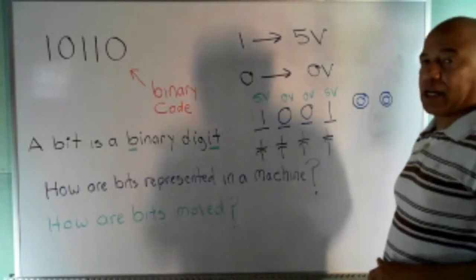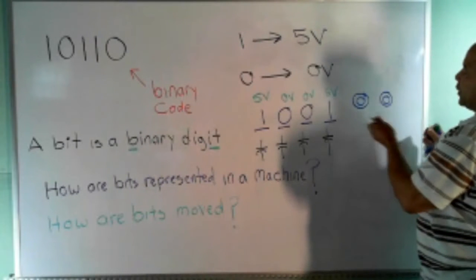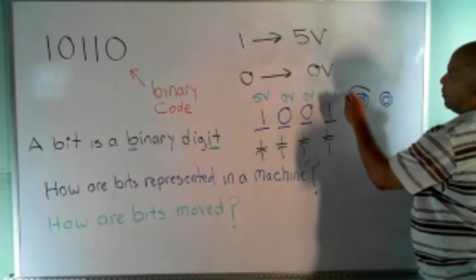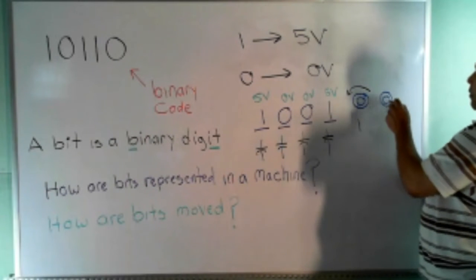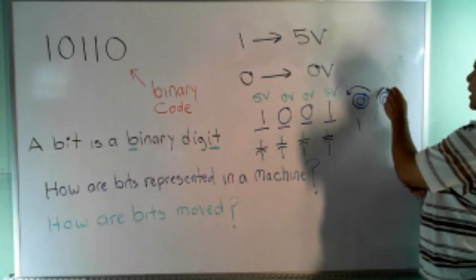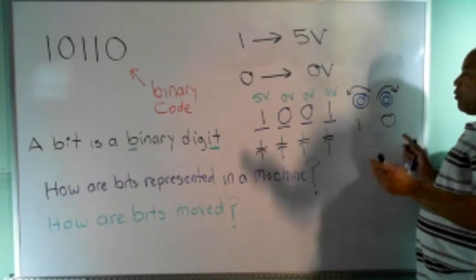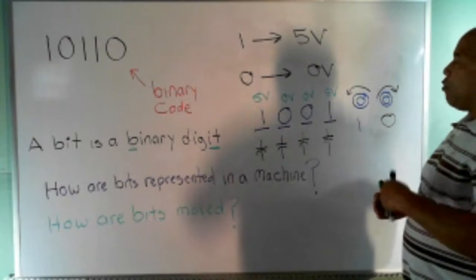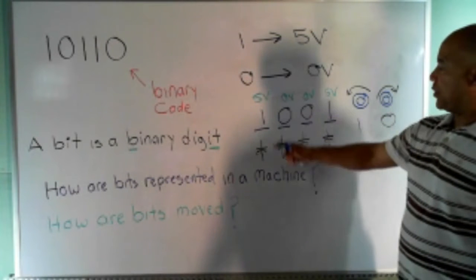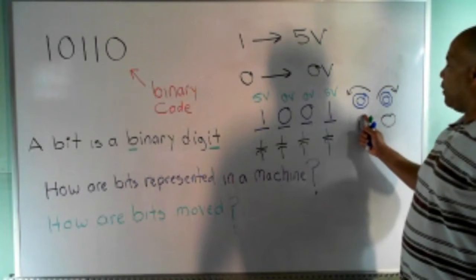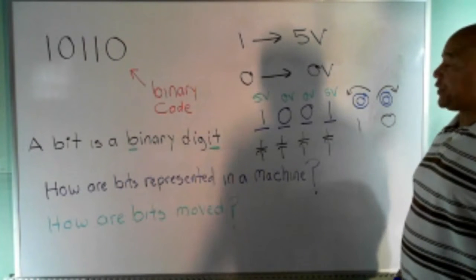You know, there are magnetic poles north and south, so we could maybe magnetize this one where the flux lines are that way to represent a 1, and maybe magnetize this one to where the flux lines are the other way to represent a 0. So any way that you can represent a quantity using two things, true or false, 5 volts, 0 volts, a magnetic field polarized to the left or to the right, you can use that to represent binary information.